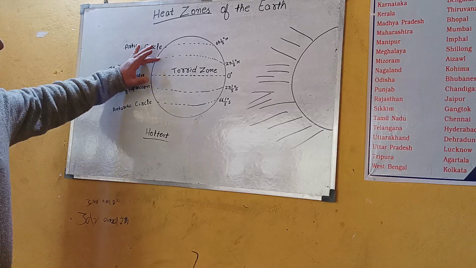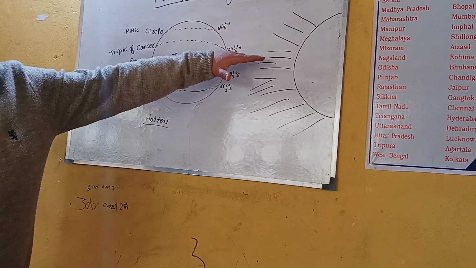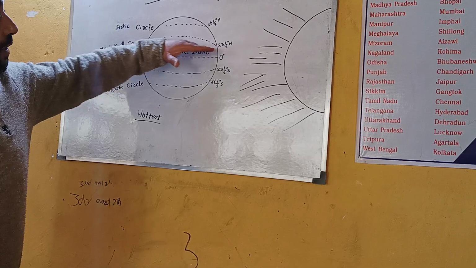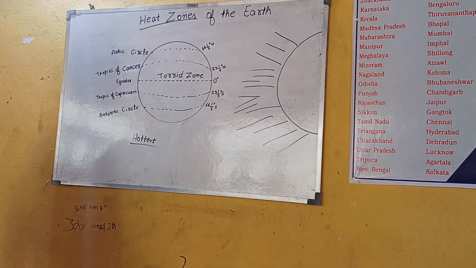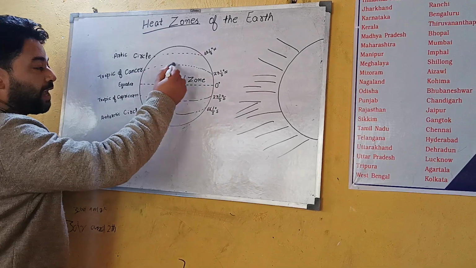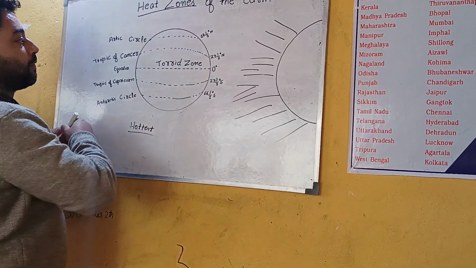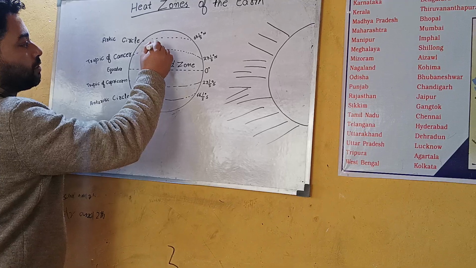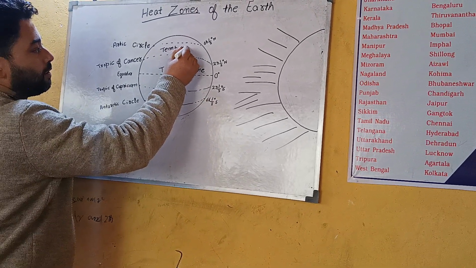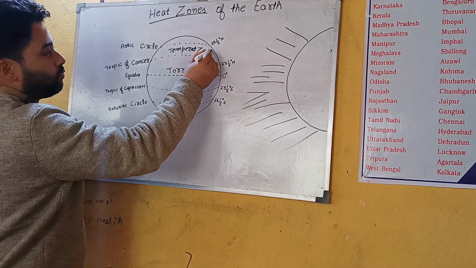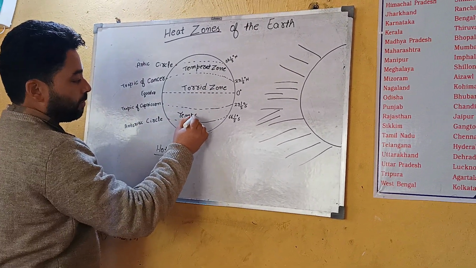The torrid zone lies between the Tropic of Cancer and the Tropic of Capricorn, where the rays of the sun fall vertically. And between the Tropic of Cancer in the north and the Arctic Circle, this one is known as the temperate zone. This one is also known as the temperate zone in the south.